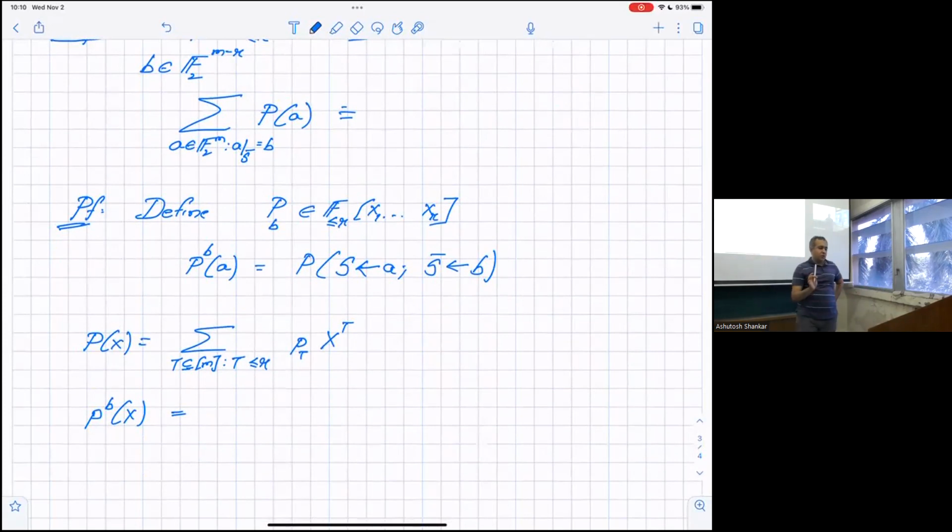No. So notice that this term, the coefficient of S times X_S, will survive.